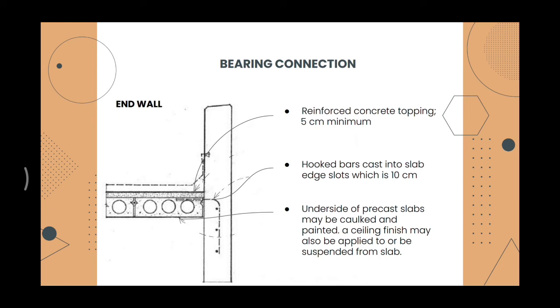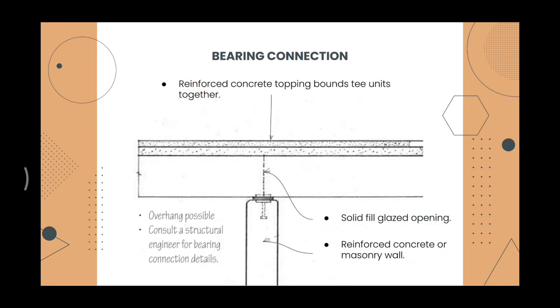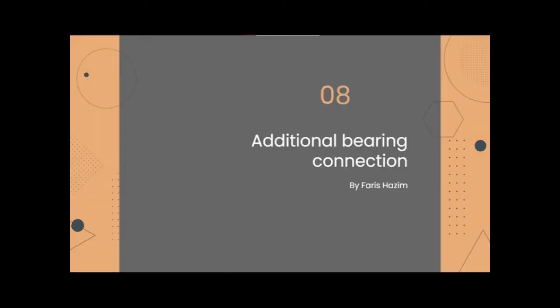The ceiling finish may also be applied to or suspended from the slab. Next, at the top is a reinforced concrete topping that bonds T units together. In the middle is the solid fill glazed opening, and last is the reinforced concrete or masonry wall.